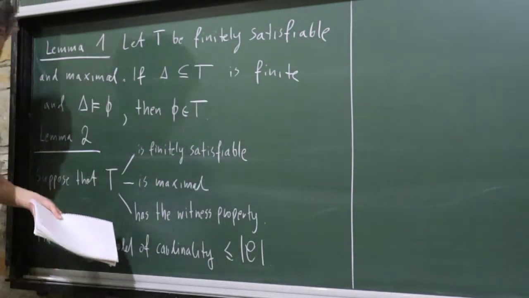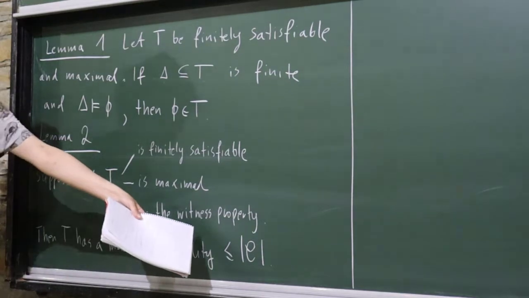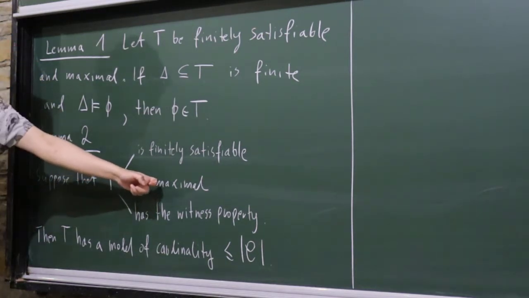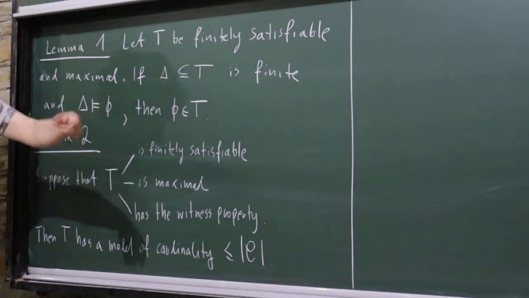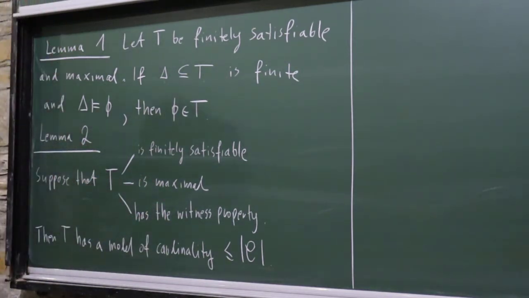Because of this witness property, there are lots of constants, so in this case it's enough to bound like this. Here we construct this model, and in the next lemmas afterwards, we will make sure we can extend the theory to one which is maximal and has the witness property. Putting it all together will be the full proof.